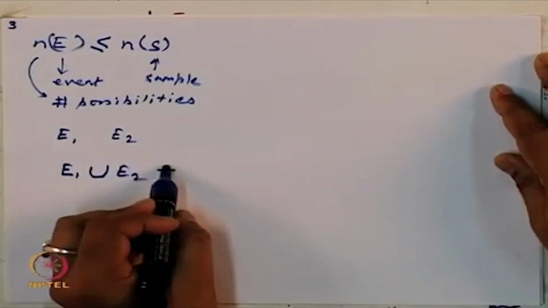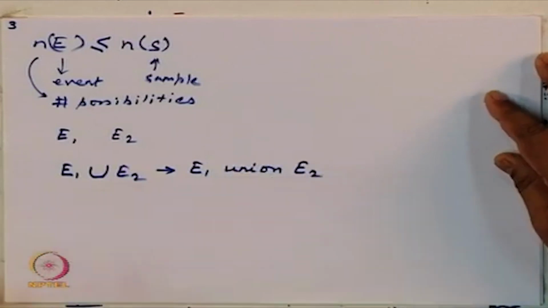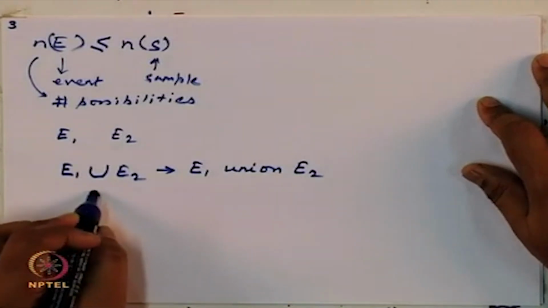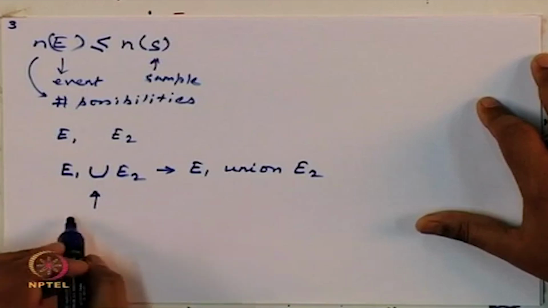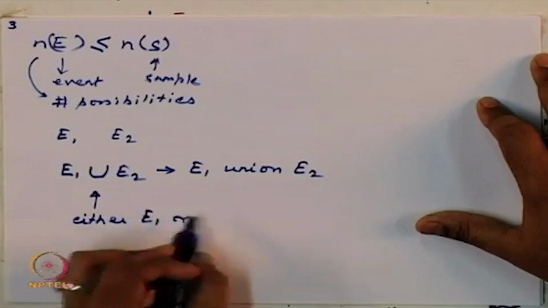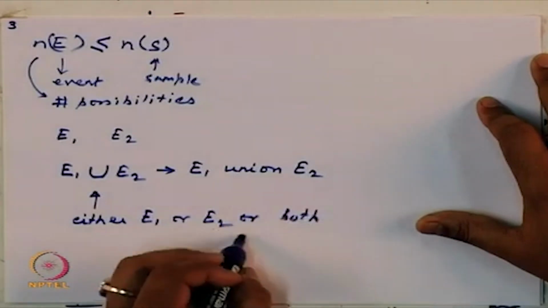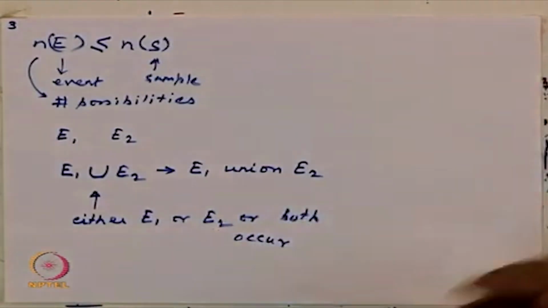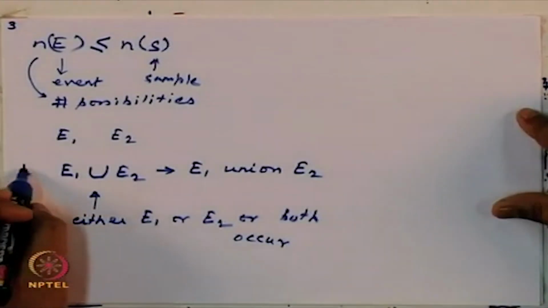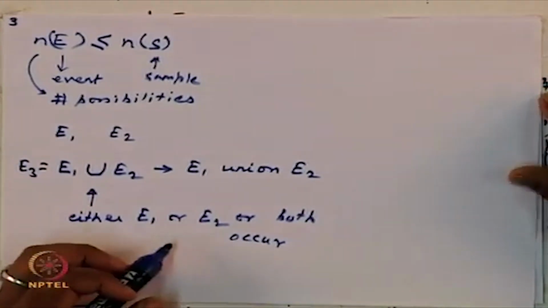This would be read as E1 union E2, and it is interpreted as either E1 or E2 or both occur. So this is a union event, let us say E3, which I have defined as the union of E1 and E2. It is either E1 or E2 or both occur.